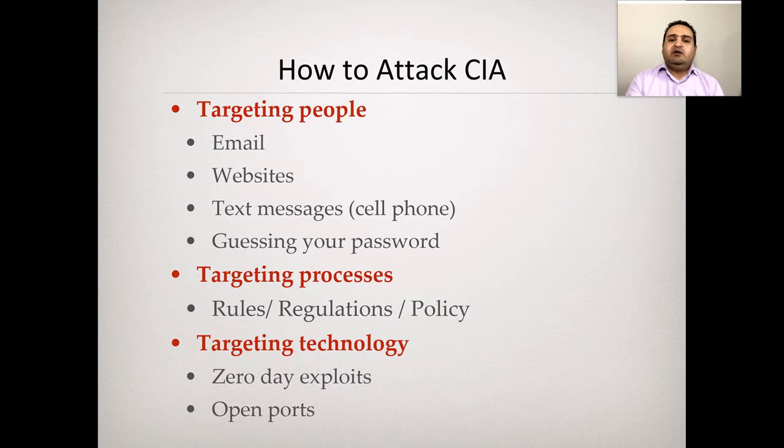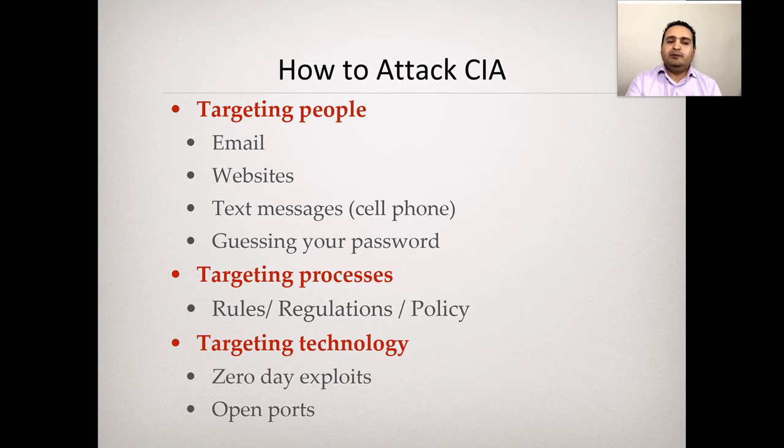So again, how attackers or hackers attack the CIA, the confidentiality, integrity, and availability: there are three ways that they can attack the CIA. It is through people, through processes, and through technology.